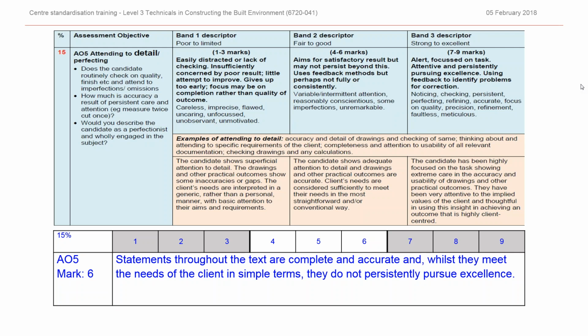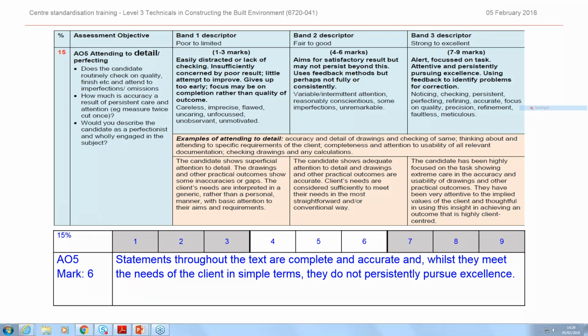I think the examples there, if we look in the band descriptors, at the top it says we're aiming for satisfactory results, but not persisting beyond that. And I think that was the feeling that you got from this student's work.